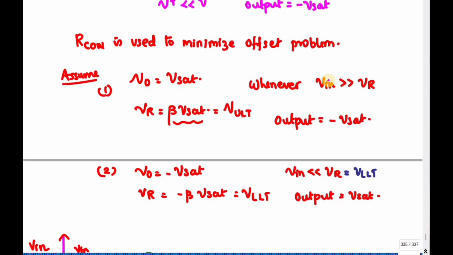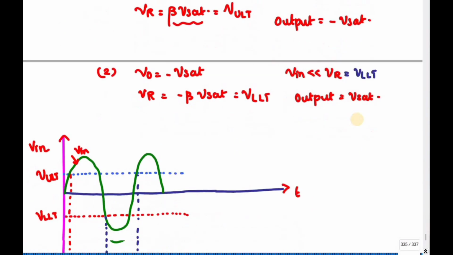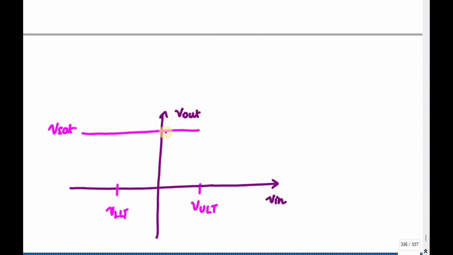Whenever the input voltage goes more than this VULT value, what will happen? The output goes to minus Vsat, right? This is my minus Vsat value.